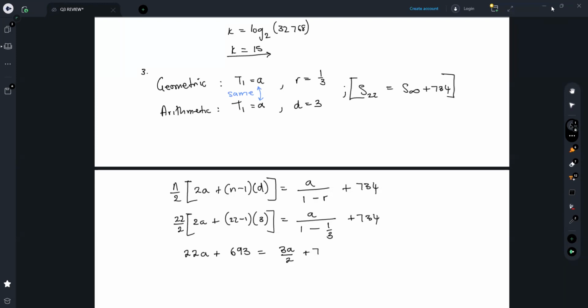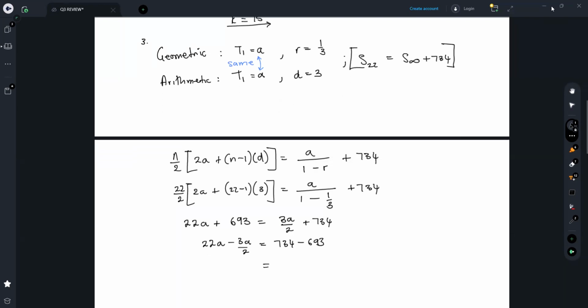Plus 734. Now this is basic math. Take this number to that side, take this one to the other side. Now you're going to have 22a minus 3a over 2, which is the same as 1.5a, and you have 734 on this side minus 693. So this will be 20.5a, and this side we're going to have 41.